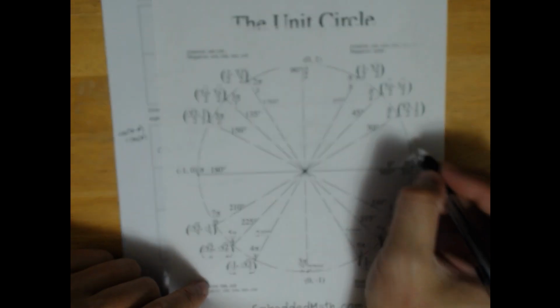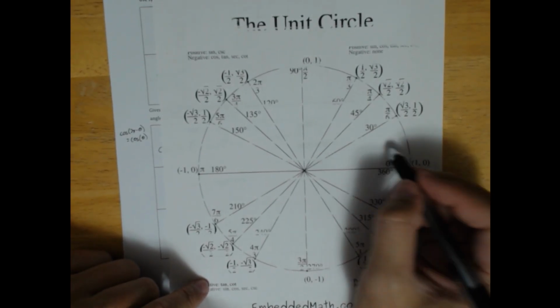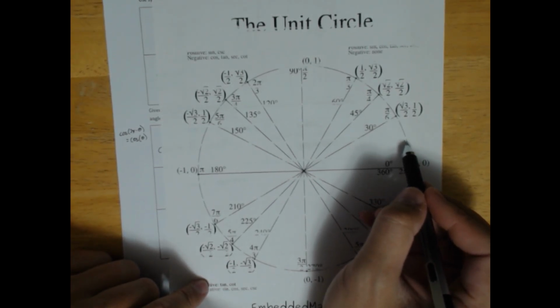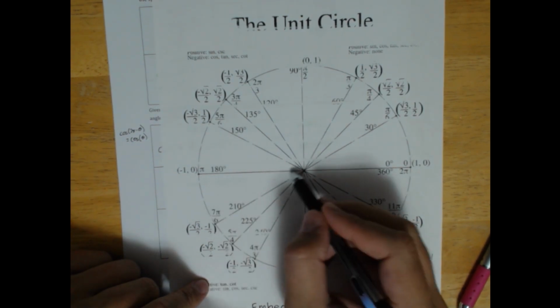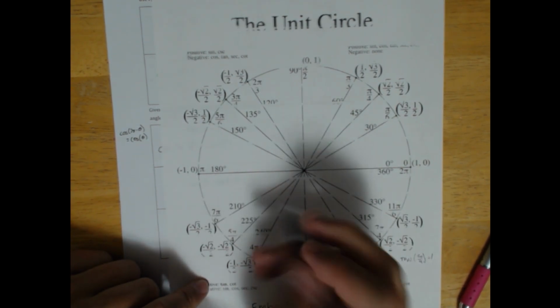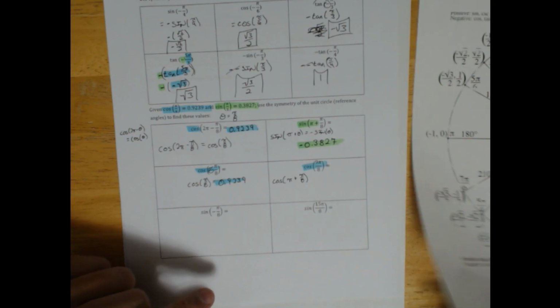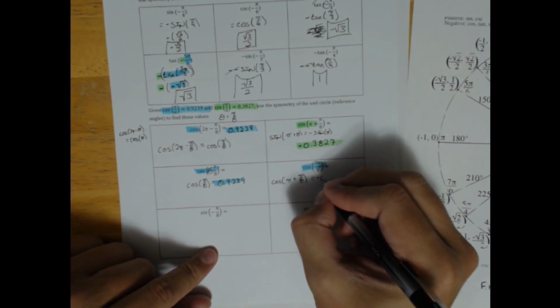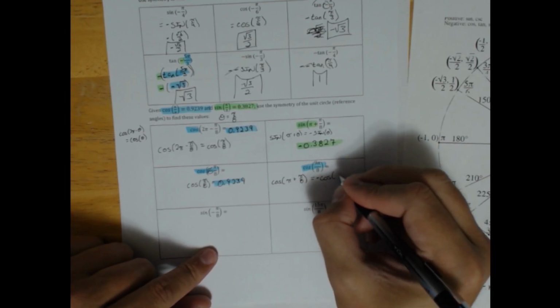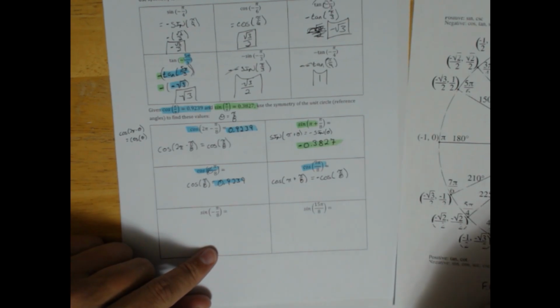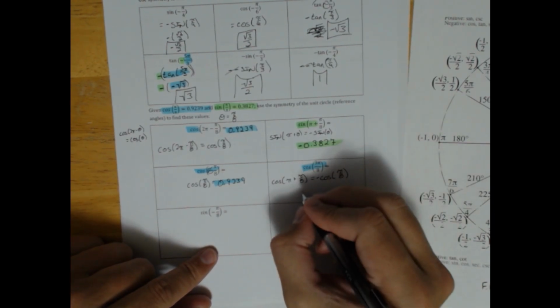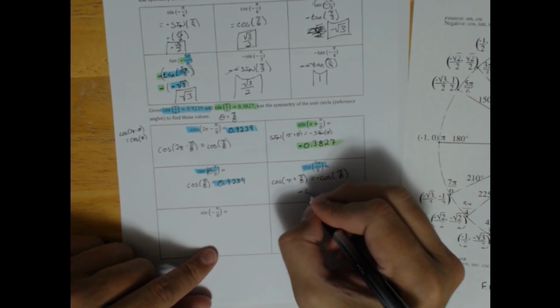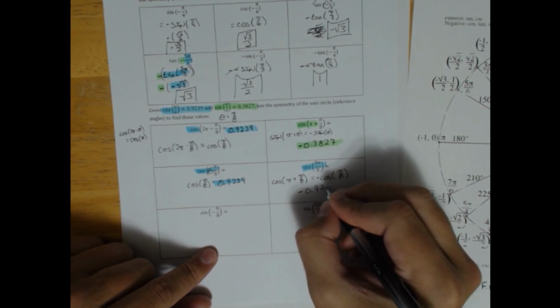It takes pi over 8, which is right here-ish, and adds pi, that's 180 degrees, right here. So we're in quadrant 3. Quadrant 3 cosine is negative. So this should be equal to negative cosine of pi over 8, which gives us negative 0.9239.